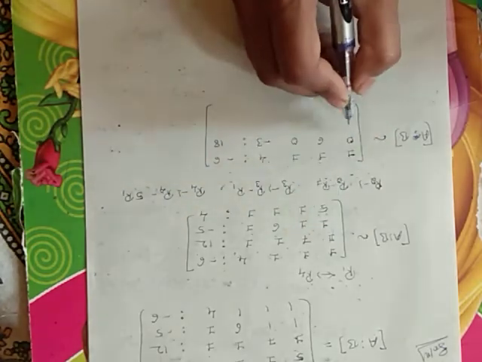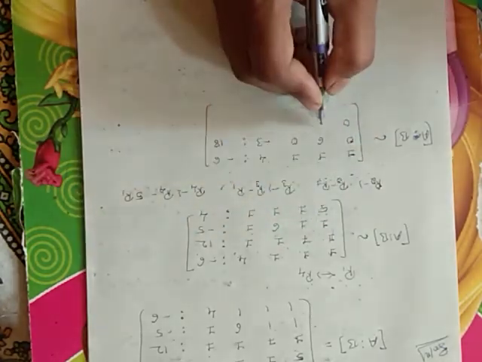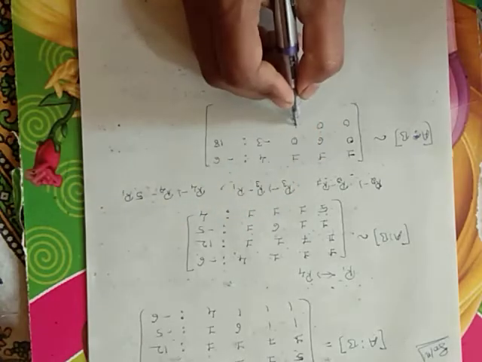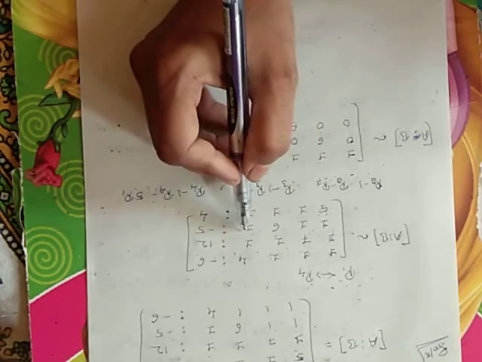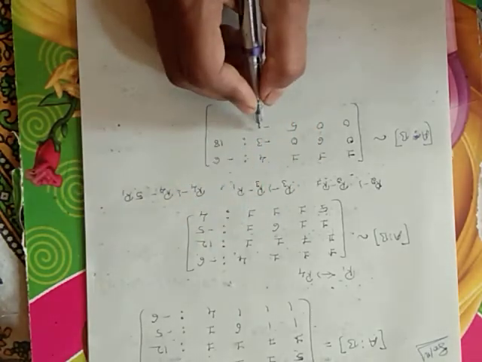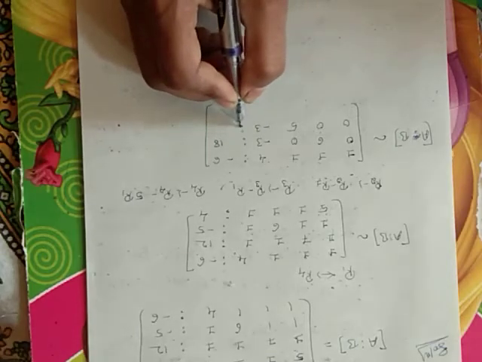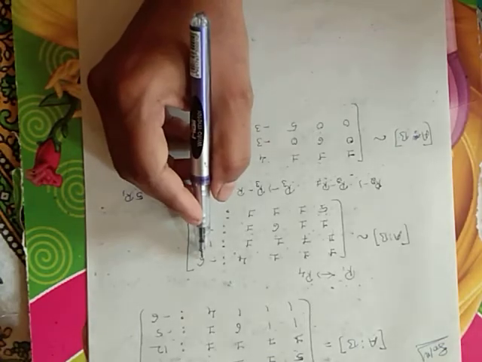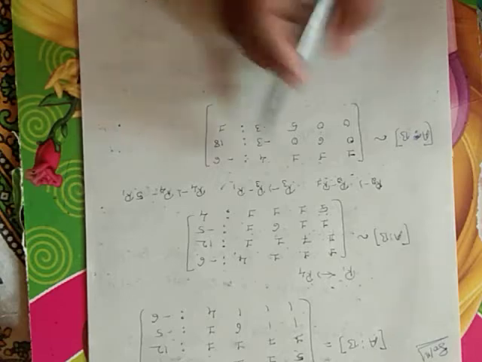Now 1 minus 1, 0. 1 minus 1, 0. 6 minus 1, 5. 1 minus 4, minus 3. Minus 5 minus of minus 6, 1.